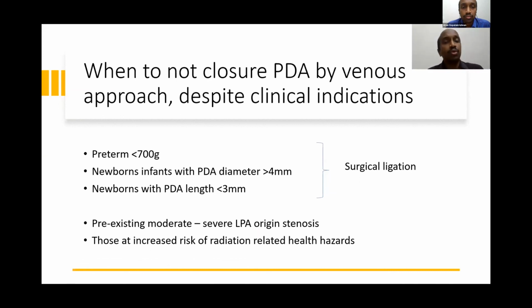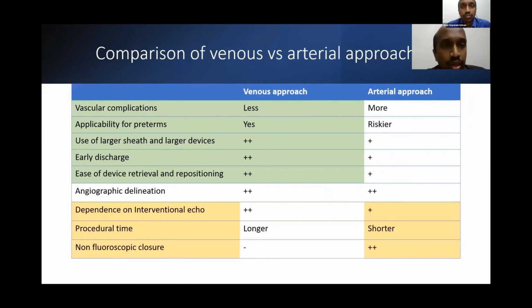In those with pre-existing moderate to severe LPA origin stenosis, it's better to evaluate it properly and tackle the LPA origin stenosis before proceeding with device closure, or consider the surgical option as well. And to address the radiation hazards, a non-fluoroscopic option is available.